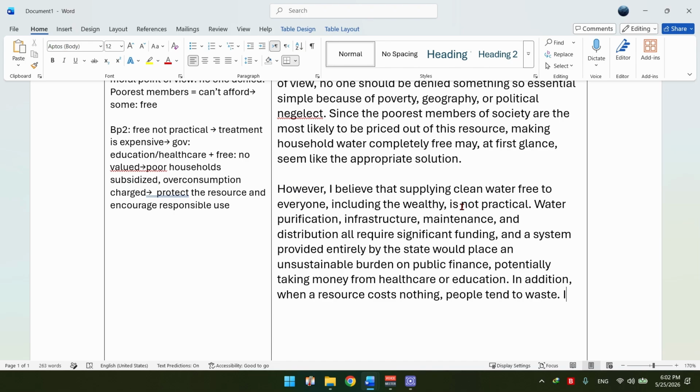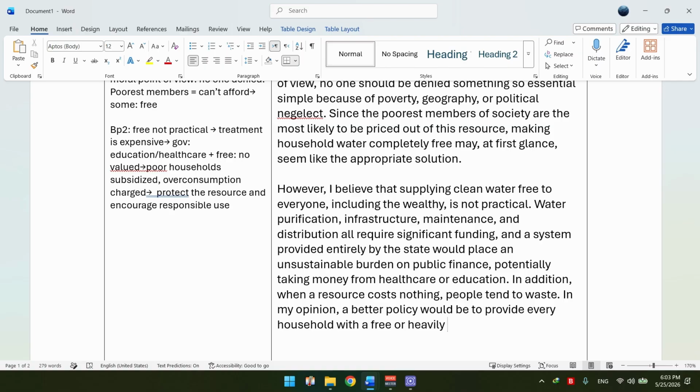So I'm turning to my solution. So what should we do? In my opinion, a better policy would be to provide every household with a free or heavily subsidized basic allowance.